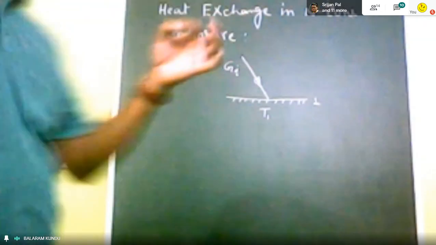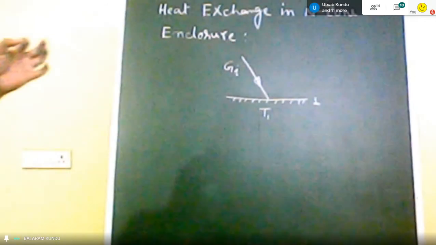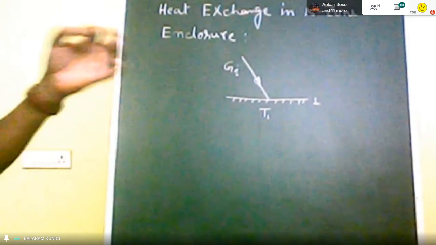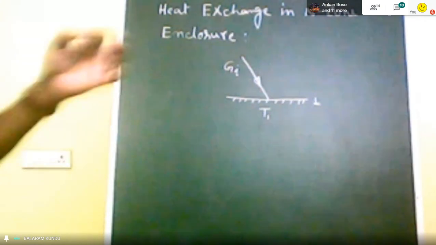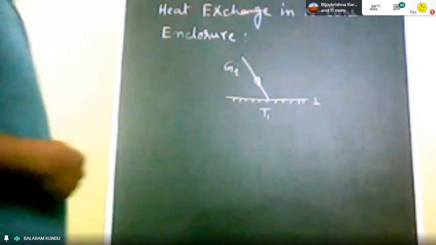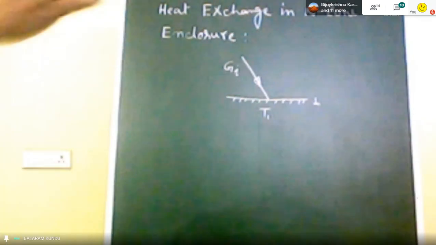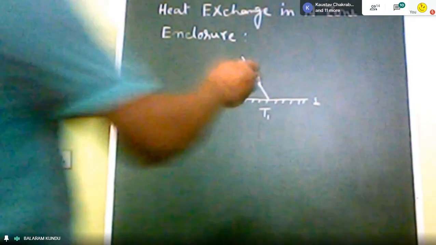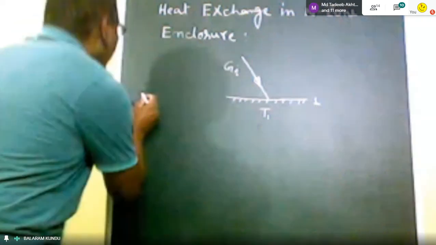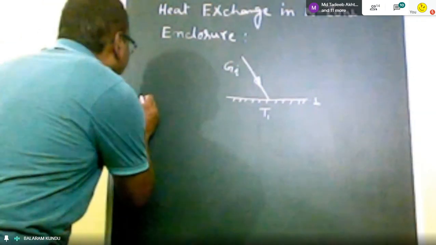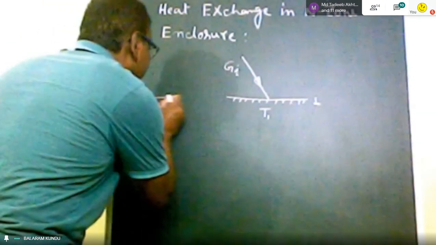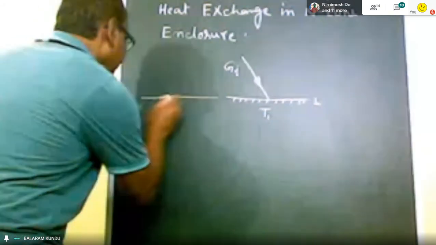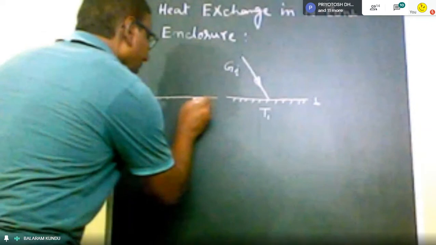Now another flux we can consider, that is the spectral incident flux, meaning the incident flux for wavelength lambda. So you can draw one surface here, and again this is one surface.